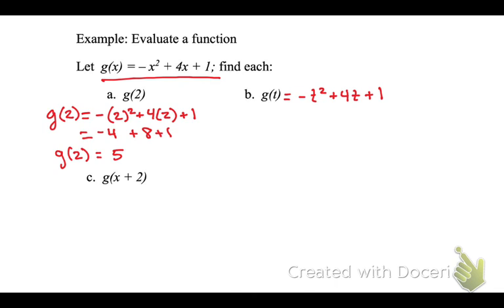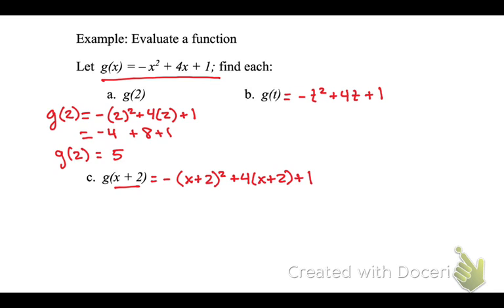Now what is it going to turn into? X plus 2. Every single time I see an x, it's going to turn into x plus 2. So it's going to be negative, parenthesis, x plus 2, quantity squared, plus 4 times x plus 2 plus 1.